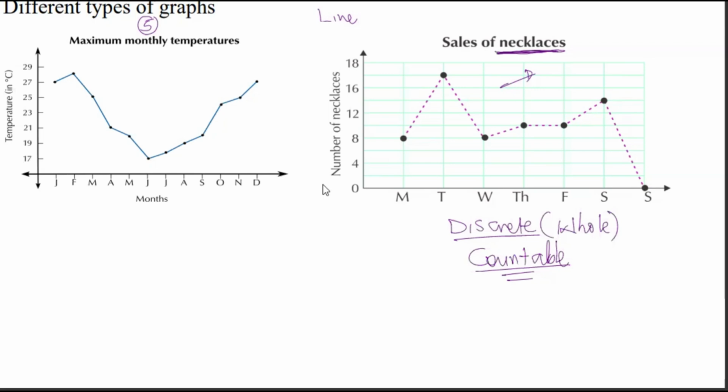Whereas this line graph here is used when we are looking at continuous data. And how do we get continuous data? It's measurable. For temperature, to know it, we have to measure.